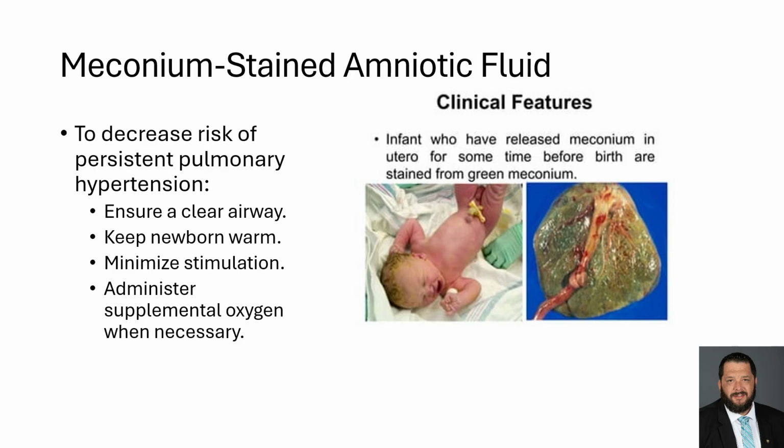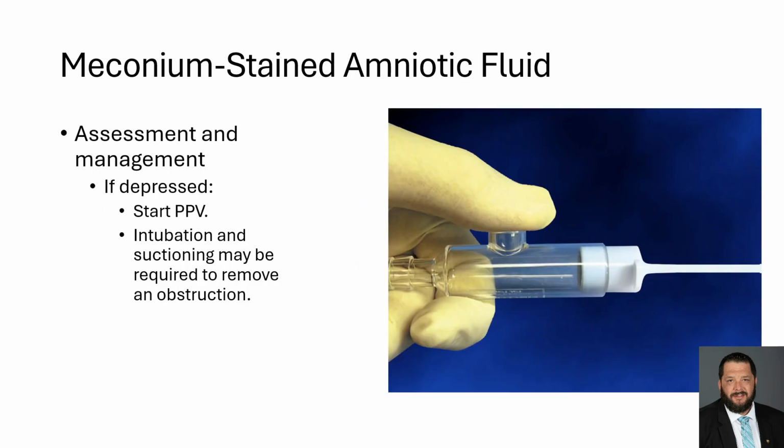We want to decrease the risk of pulmonary hypertension by clearing that airway and keeping the newborn warm, right? Minimize stimulation so we don't deeper inhale the meconium until after we've had a chance to remove the meconium through the meconium aspirator. The image that you see here on the screen is a meconium aspirator. One end attaches to the suction.